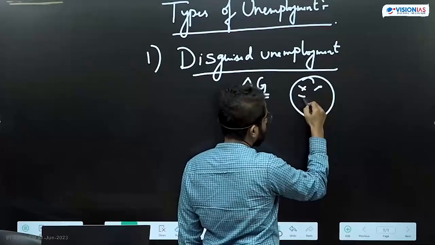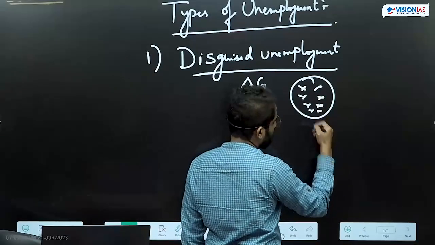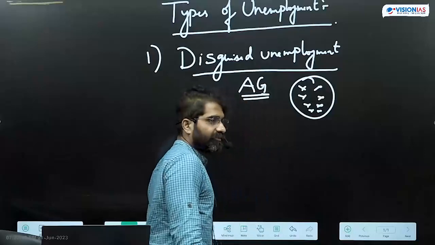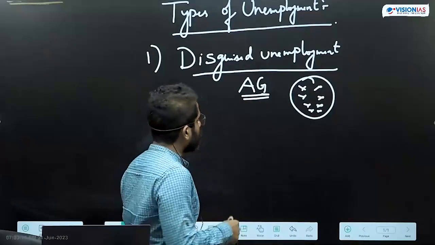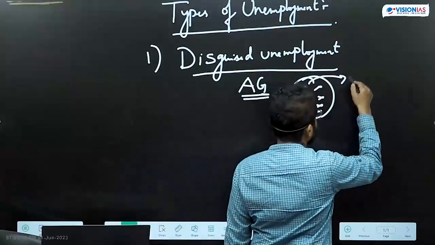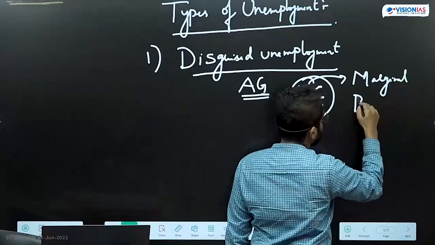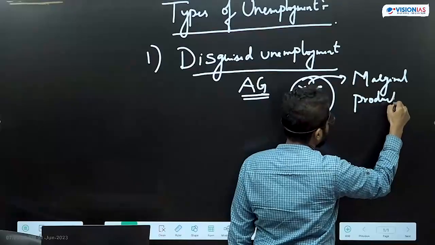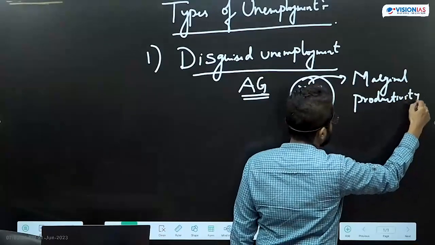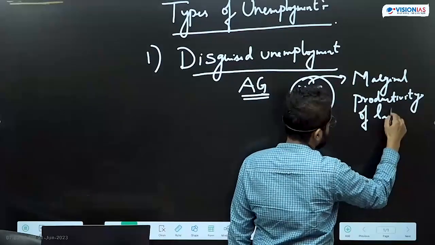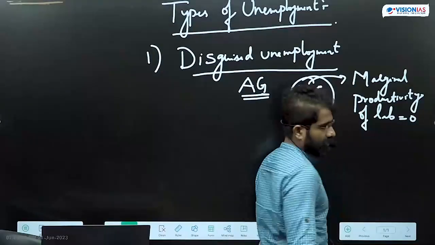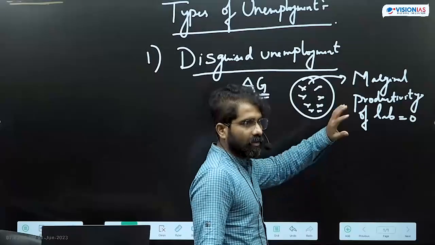Work can be done by 5, but 10 are working in the farm. Because of that, the marginal productivity, the additional productivity of the labor, is almost zero.